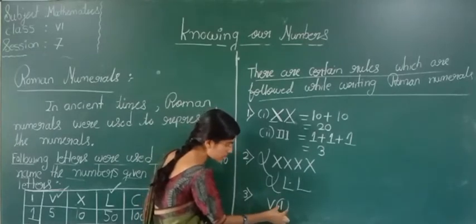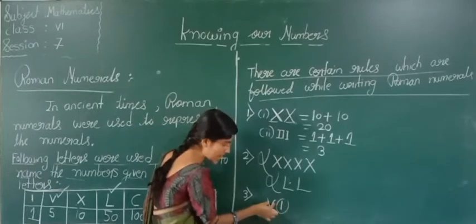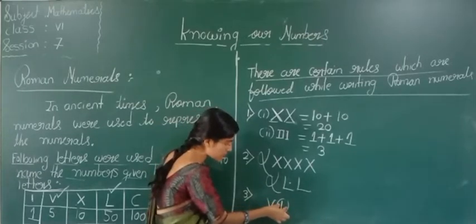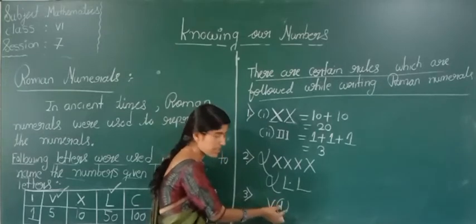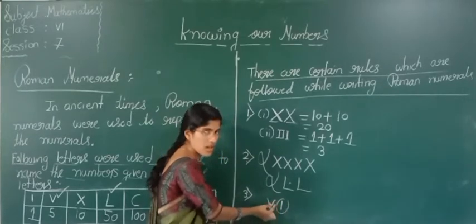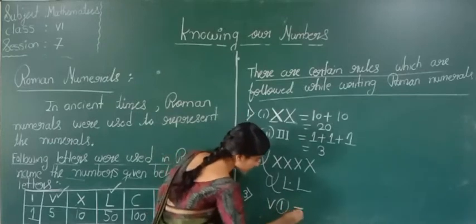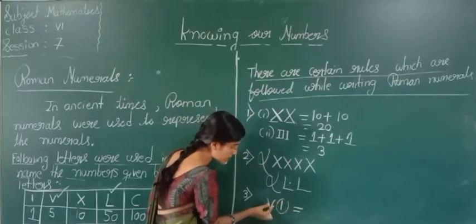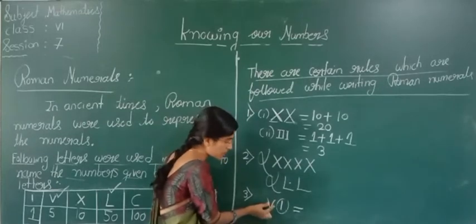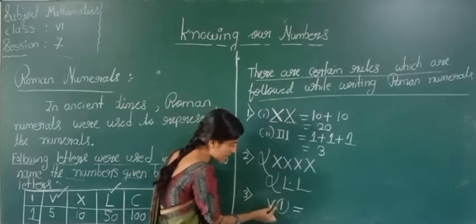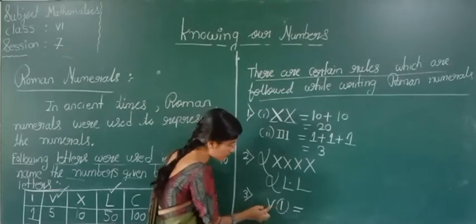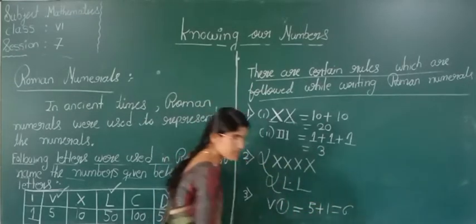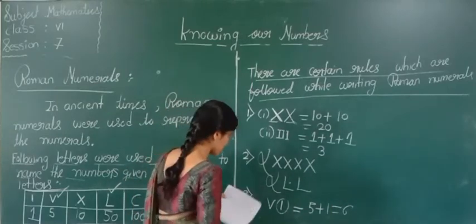If a smaller symbol is written to the right of a larger symbol, then its value is added to the larger symbol. Here 1 I is written to the right of a larger number, so its value is added. 5 plus 1 will be 6.